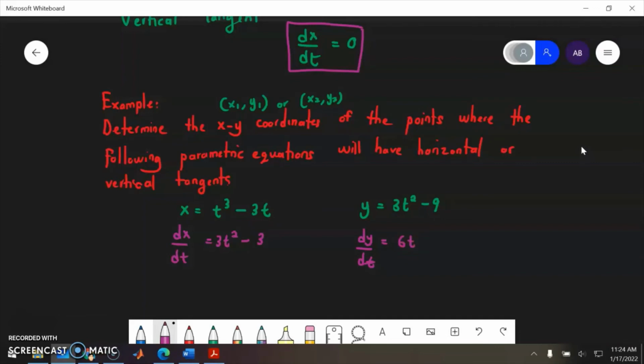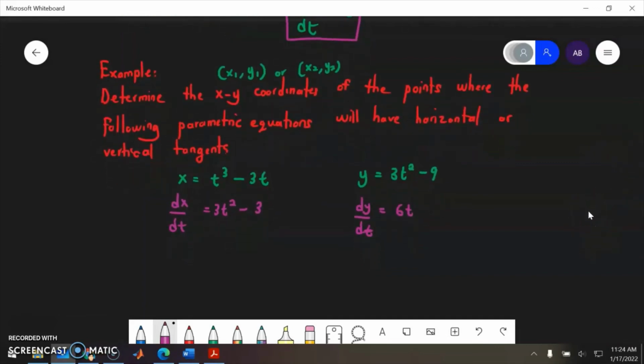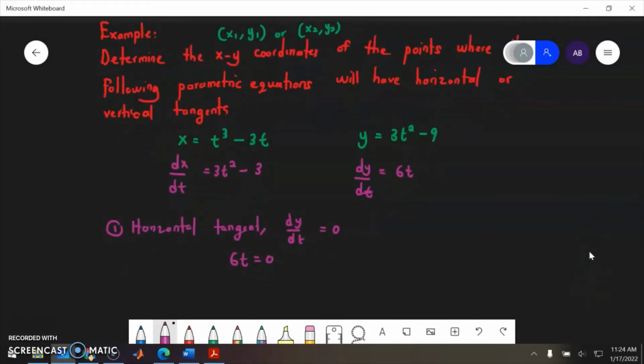Okay, now to get the horizontal tangent, so the first one is horizontal tangent, which is dy/dt equals 0. So we have 6t equals 0, so we know that t is 0. Okay, so what are the points when t is 0?